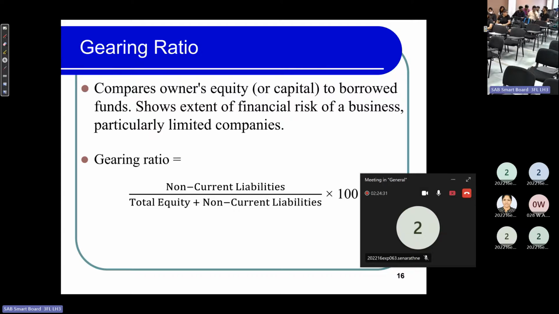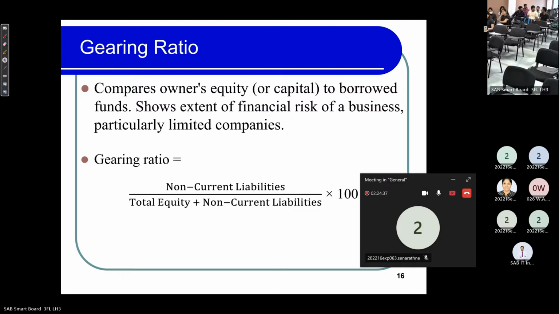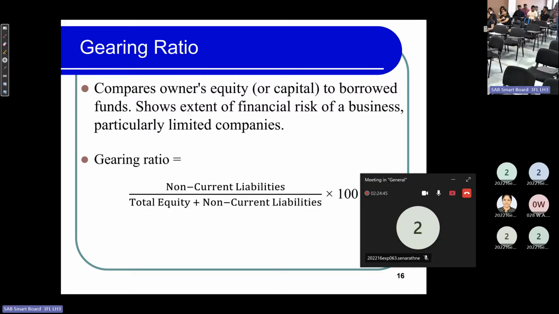Interest bearing. Bank borrowings, long term debt, interest bearing long term loan. All these short term financial facilities. Other things. Right? Okay.